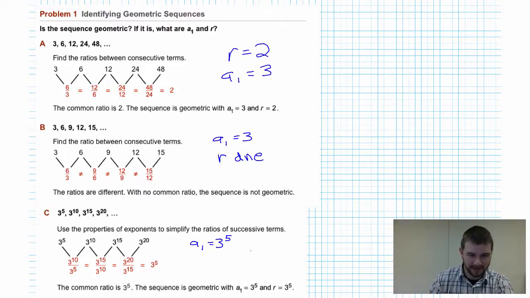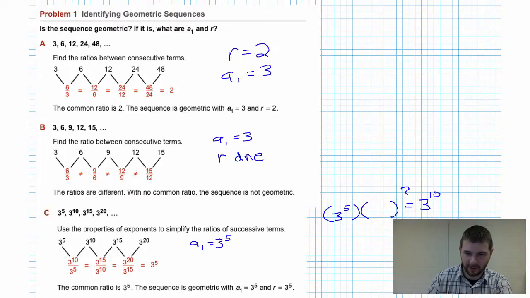The question is, what must we multiply 3 to the 5th power by to get 3 to the 10th power? Well, 3 to the 5th power is, let's just leave it this way. 3 to the 5th times what equals 3 to the 10th power?